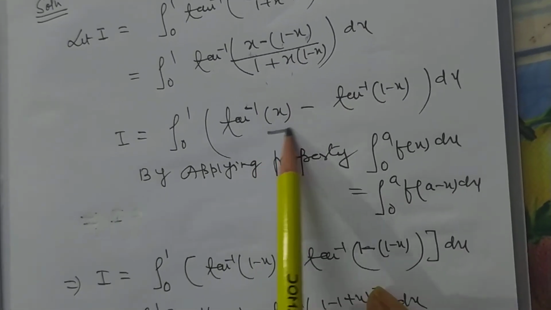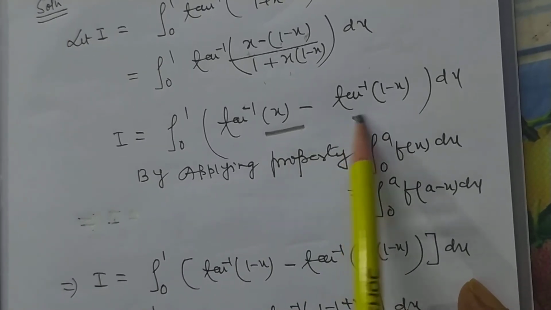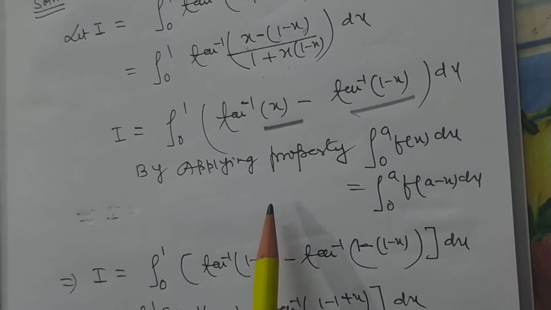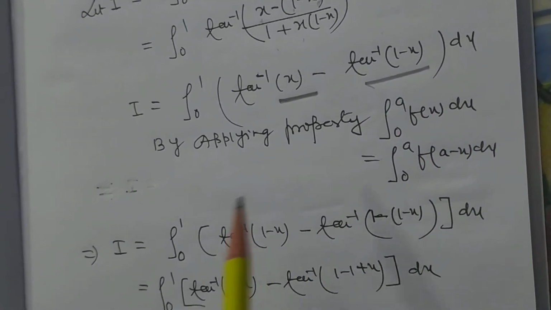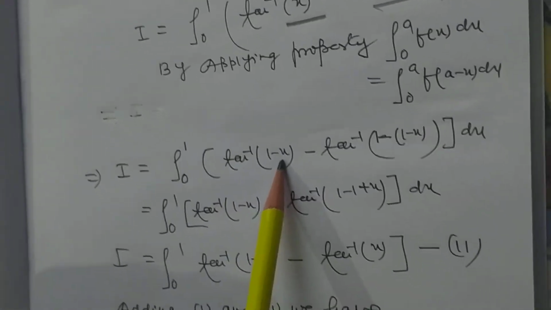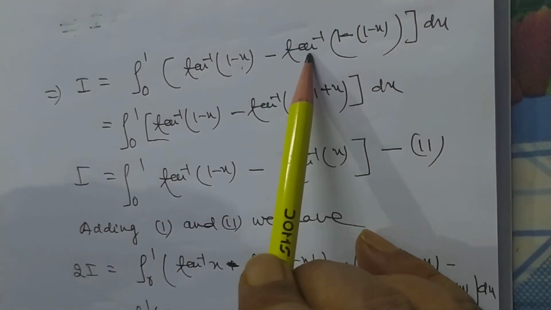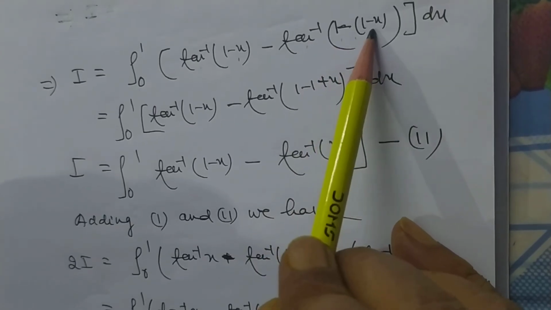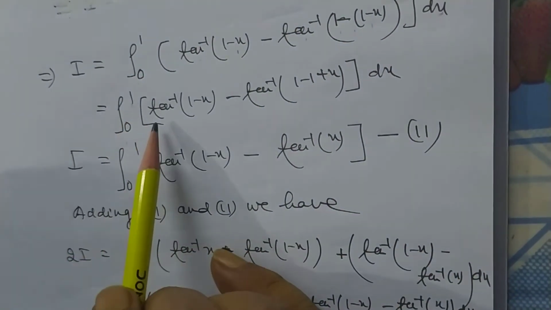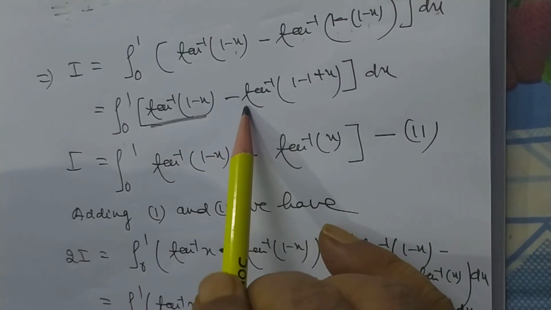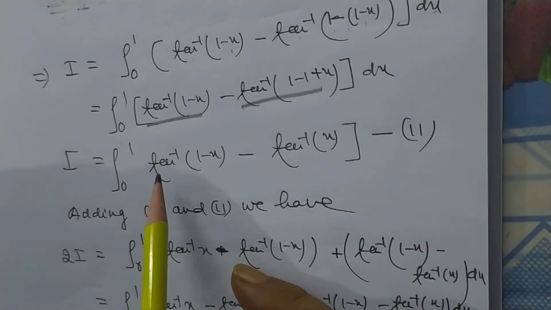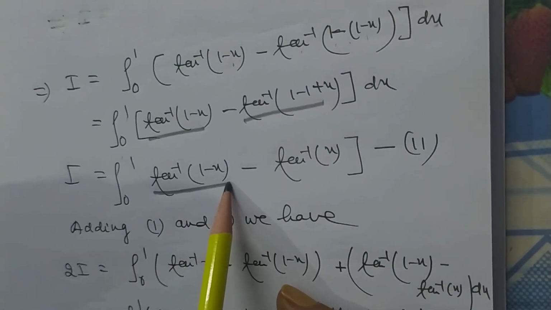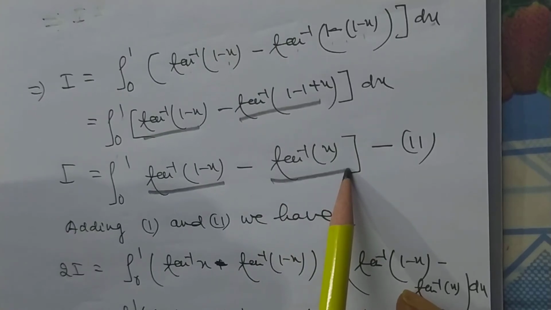So it is equal to the integral of tan inverse x minus tan inverse (1 minus x) dx, by applying the property. Now the integral from 0 to 1 of tan inverse (1 minus x) minus tan inverse (1 minus (1 minus x)) dx, so I is equal to tan inverse (1 minus x) minus tan inverse x.